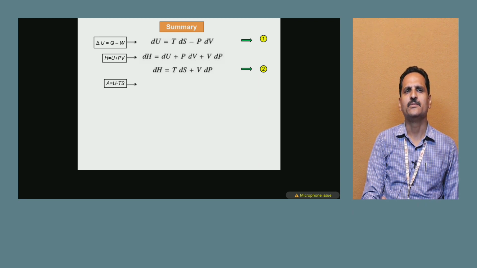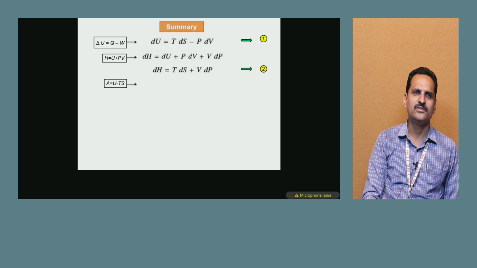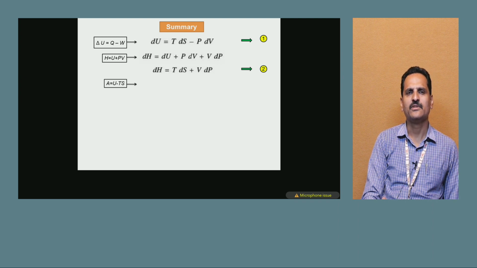Similarly, the third fundamental property equation is related to Helmholtz free energy or work function, denoted by A, which is equal to U minus TS. Minus TS indicates the free of entropy, or subtracting entropy energy from the internal energy gives the useful work done by the system, that is called Helmholtz free energy or work function. Mathematically, it can be deduced as dA is equal to minus SdT minus PdV.